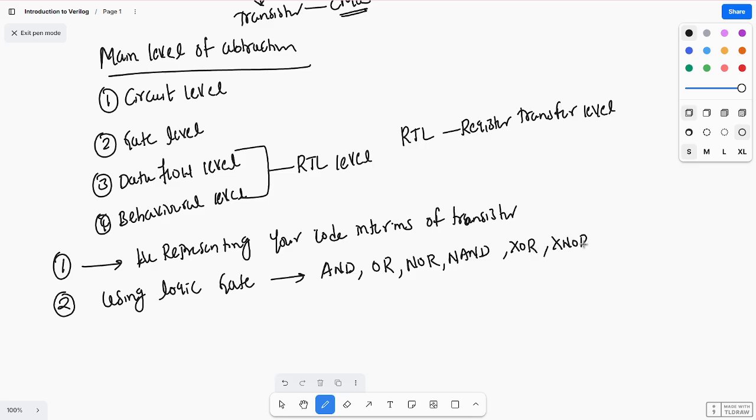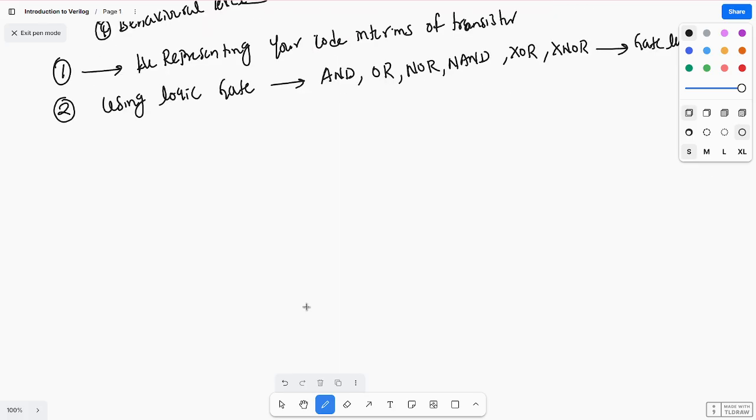These are the gate level primitives. Next, in the register transfer level, you have the data flow level and the behavioral level.